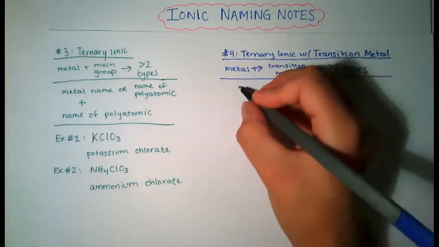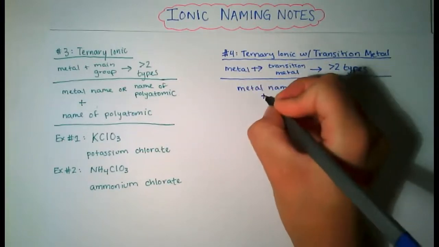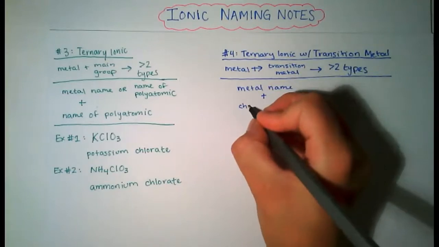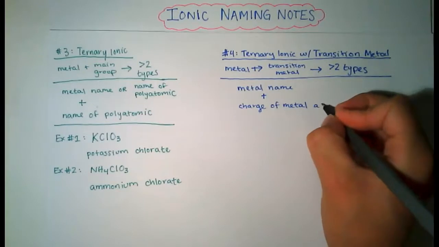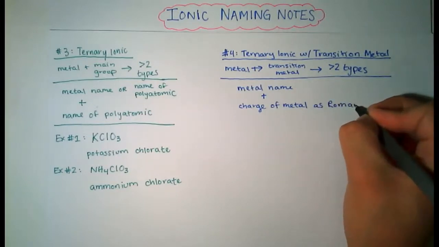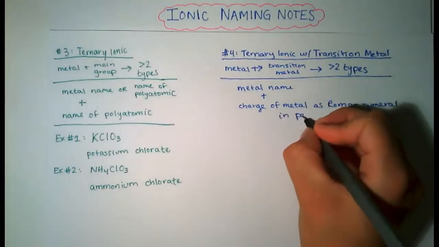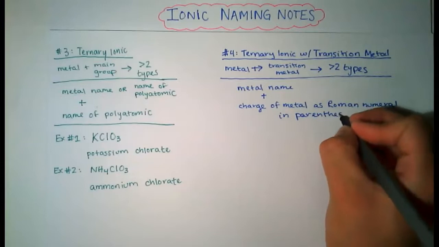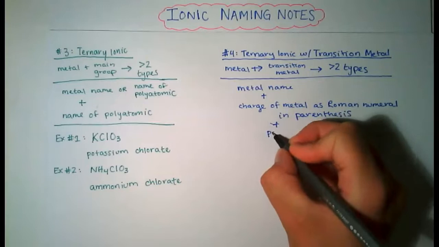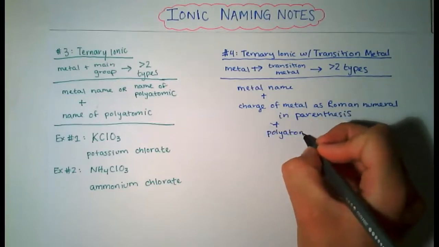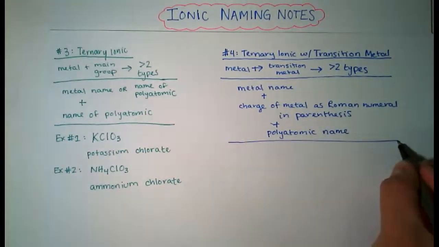So this would be the metal name, plus the charge of our metal as a Roman numeral in parentheses, and then last but not least, we add the polyatomic name. Alright, let's do a couple of examples.